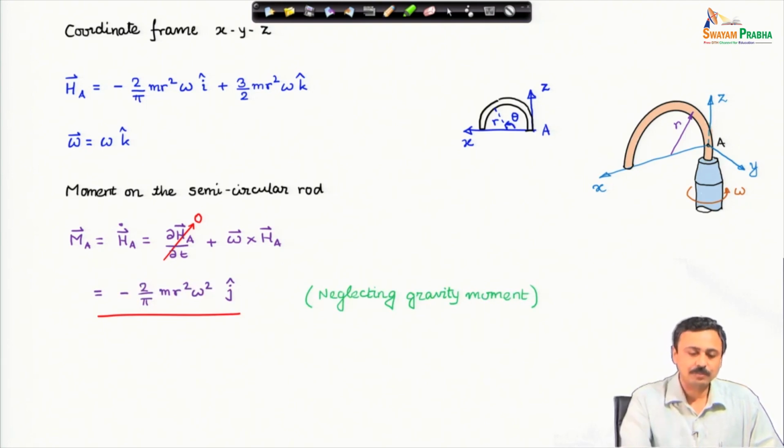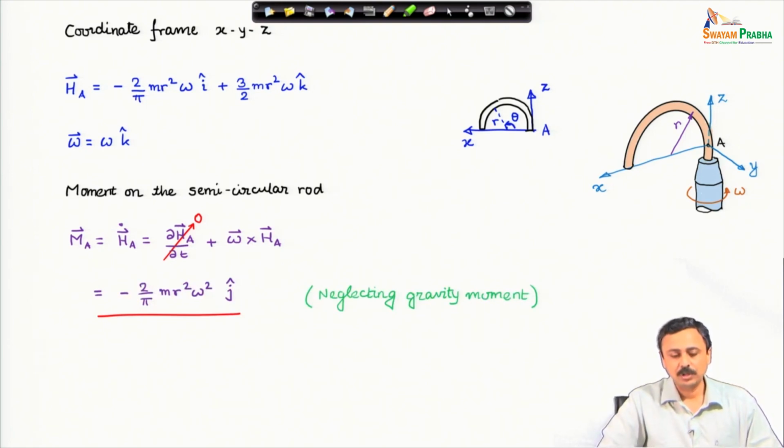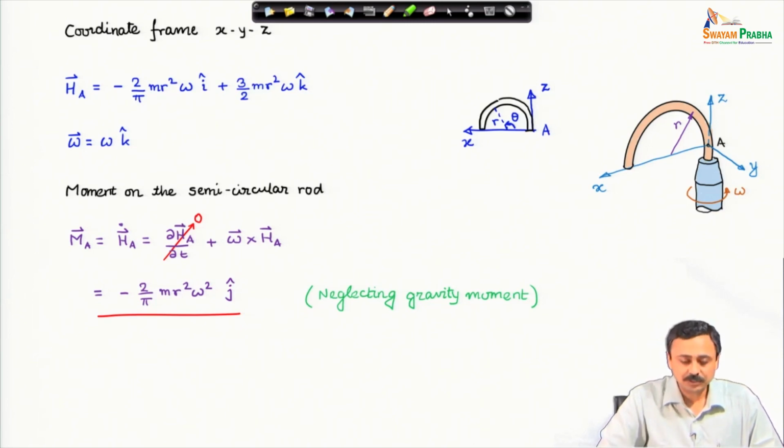Therefore, if you just plug in all these expressions that we have found, and we have neglected gravity of course, we get this expression of moment about A on the semicircular rod, and this is in the negative j cap direction.